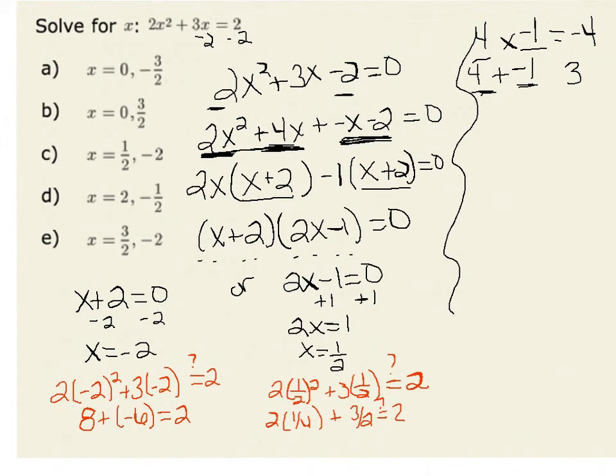Well, 2 times 1/4 is the same as 1/2, and taking 1/2 plus 3/2 gives me 4/2, which, of course, is equal to 2. This tells me that x equal to negative 2 and x equal to 1/2 are the solutions to my quadratic equation.